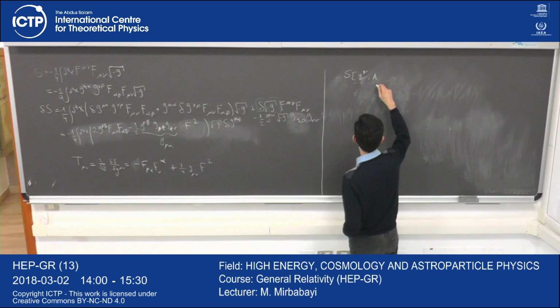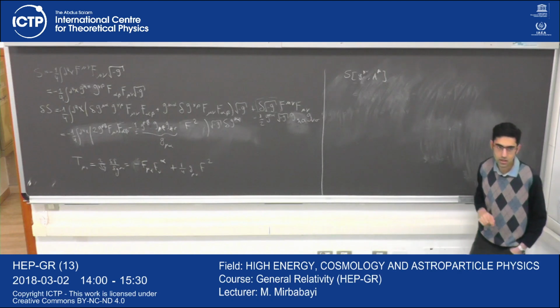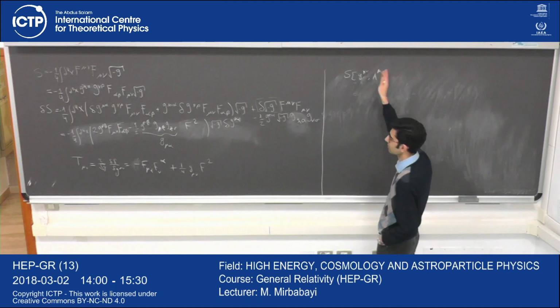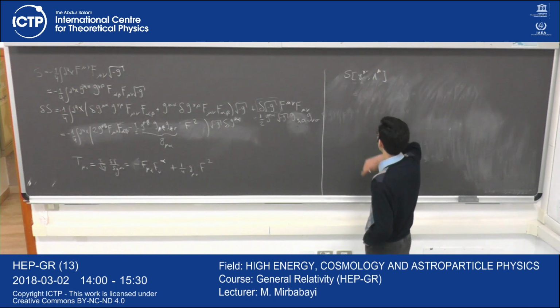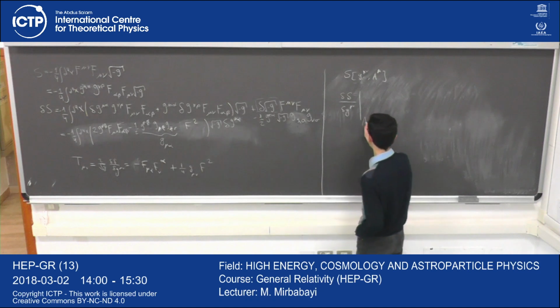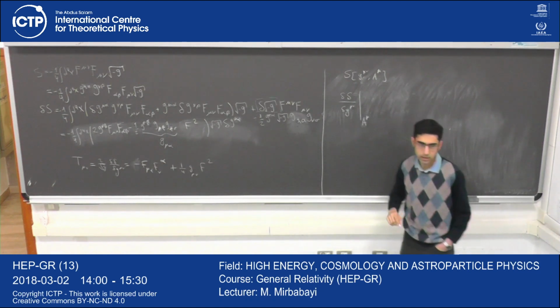One of them is the inverse of the other. So now let's say that I want to take the action to be a functional of G mu nu with upper index, and A mu with upper index. So I want to take delta S over delta G mu nu, keeping fixed A mu with upper index.